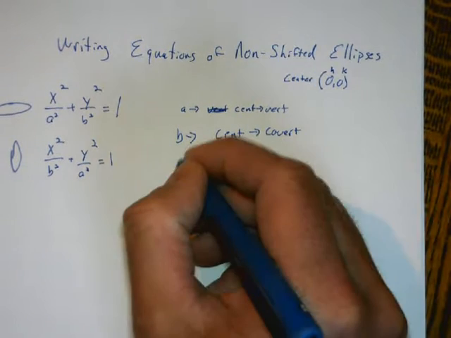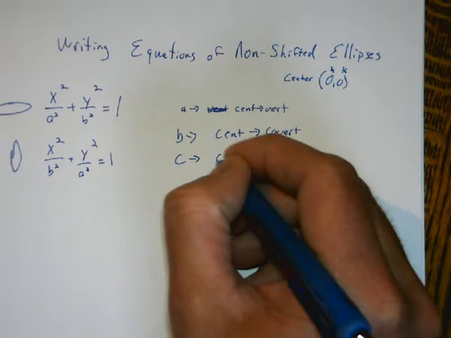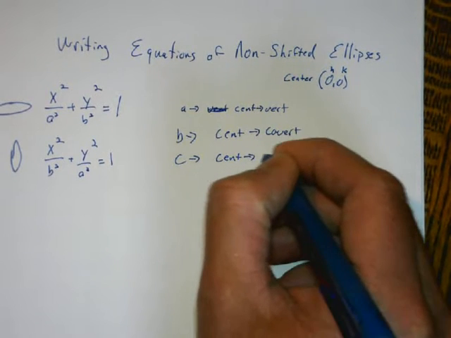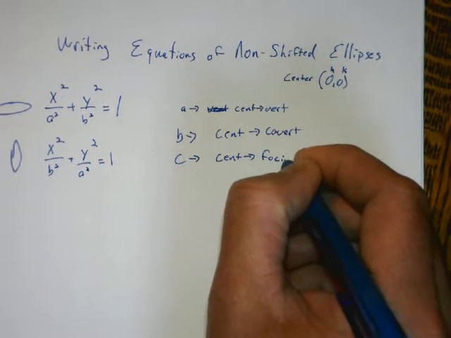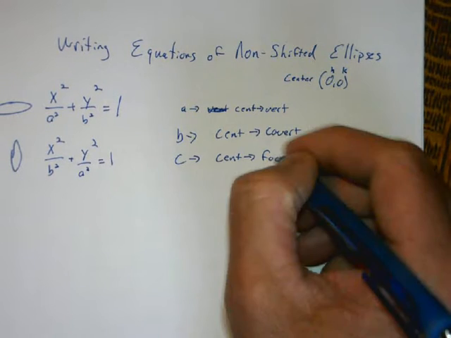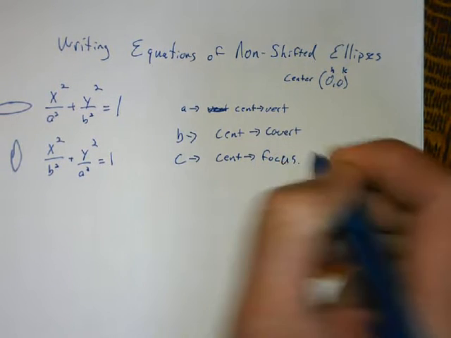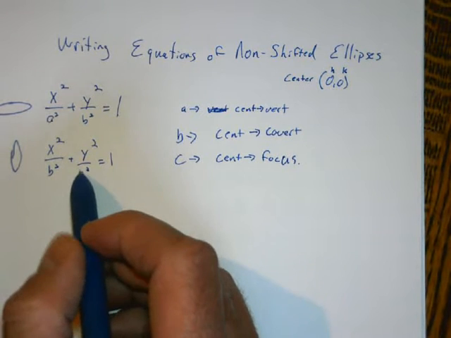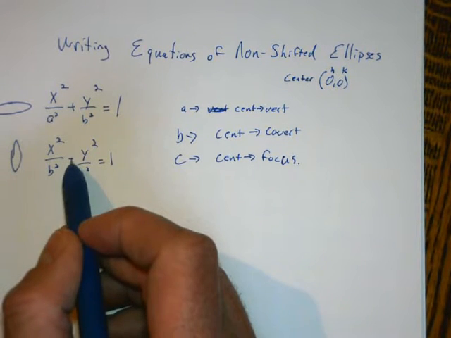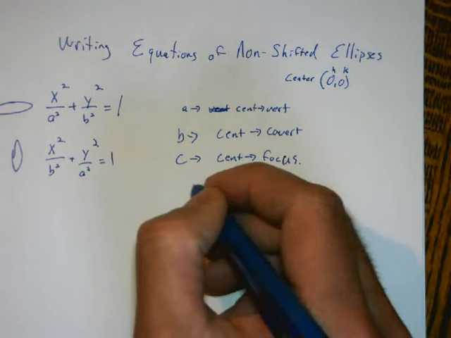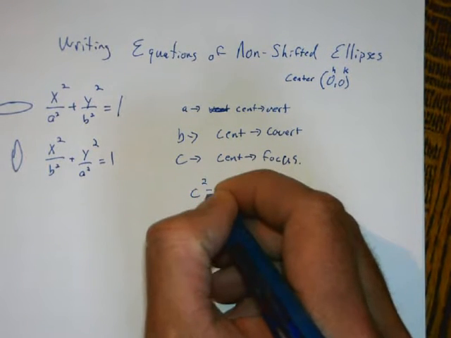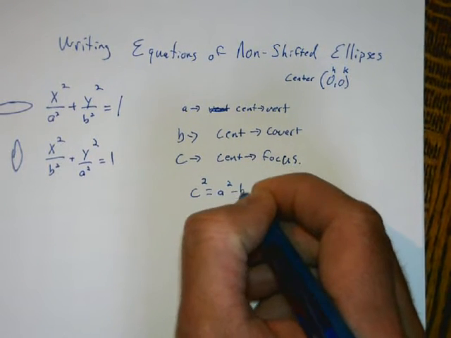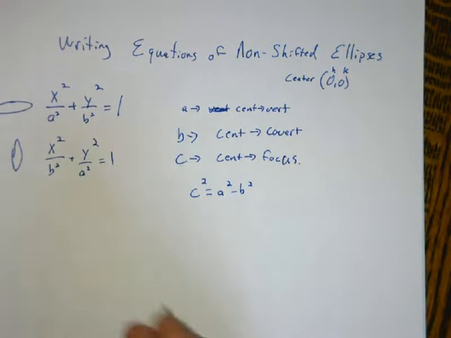And then the C value is the center to the foci, or focus, however you want to call it. I just call it focus because we're talking about just one of them. Now, with an ellipse, since this is a plus sign between the two, to figure out the C value, C squared is always going to be A squared minus B squared. So then you would just solve it out and go that route.